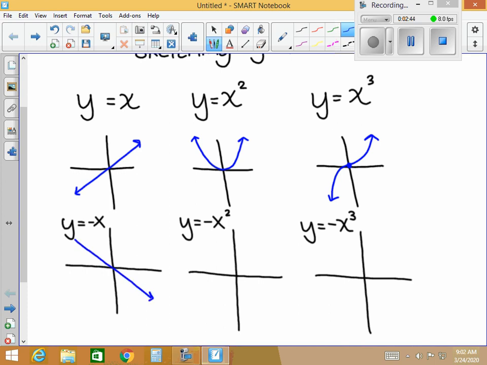So anything above hops down below, anything that was already below comes up above, and we have three graphs like that. Notice still with our y equals negative x that our tails move in opposite directions. Y equals negative x cubed, our tails move in opposite directions. And y equals negative x squared, instead of both pointing up, they're now both pointing down.